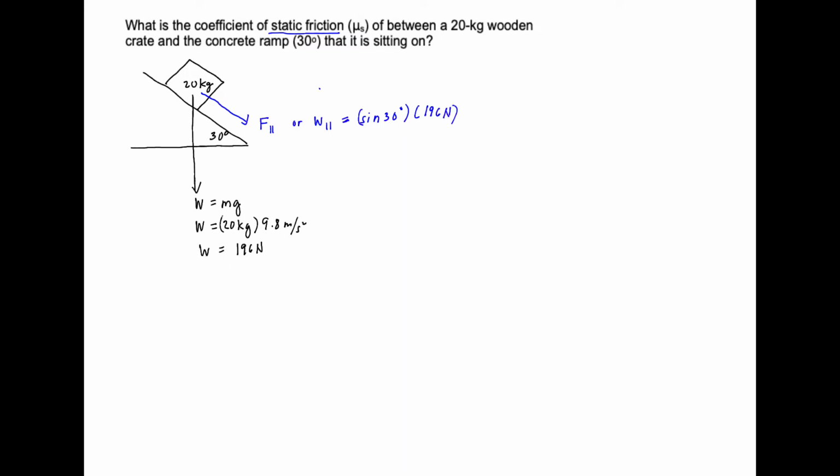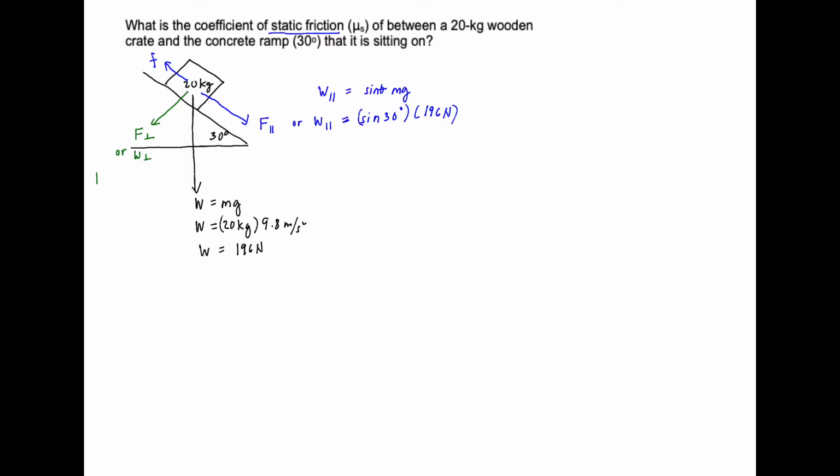By the way, the formula for the weight parallel is sine theta multiplied by mg, and mg is already 196 newtons. Next, we're also going to have a frictional force, and also the force perpendicular, or simply the weight perpendicular.